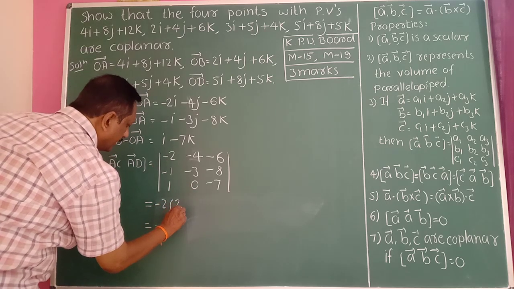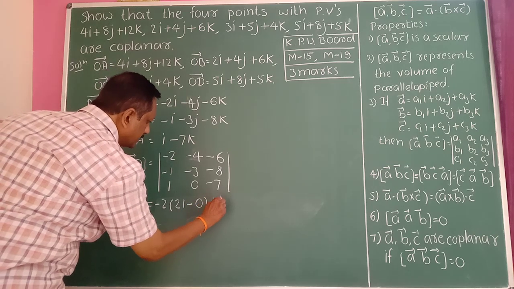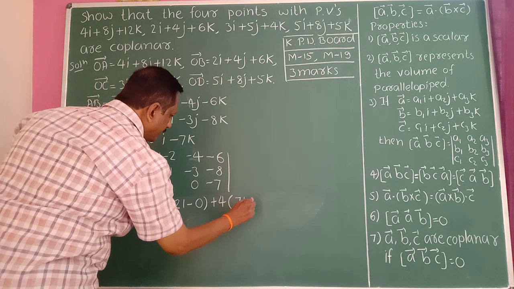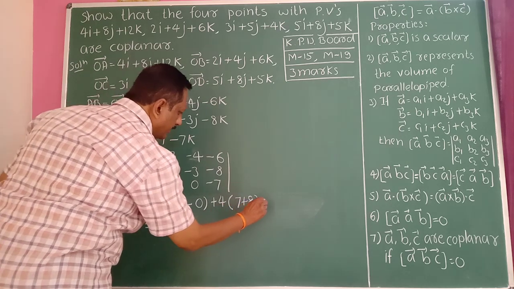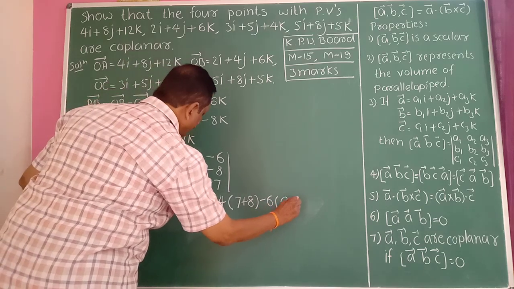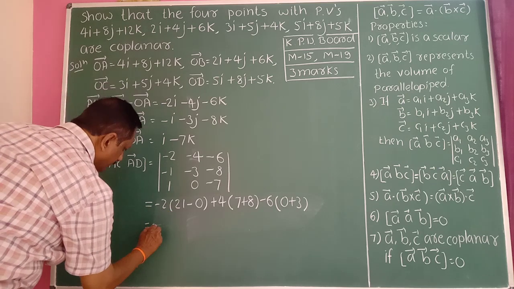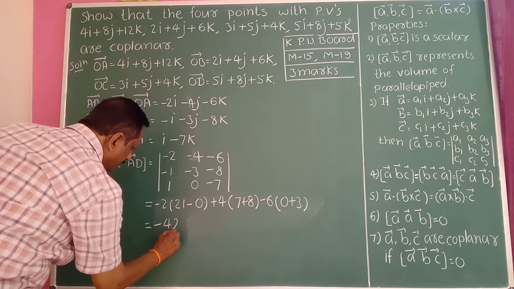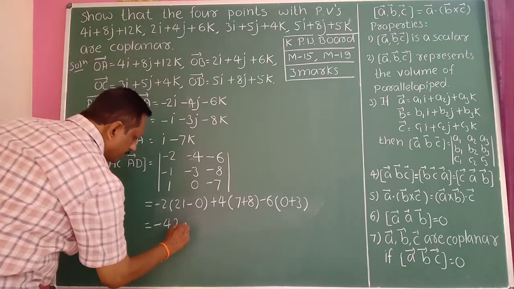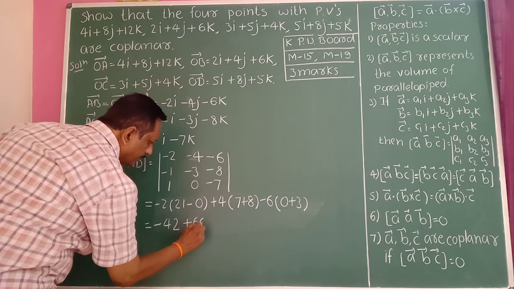2 into 7 is 21, minus 0, minus into minus is plus 4. Then 7 plus 8, minus 6 into 0 plus 3. Therefore 21 into 2 becomes minus 42. 7 plus 8 is 15, into 4 is 60.